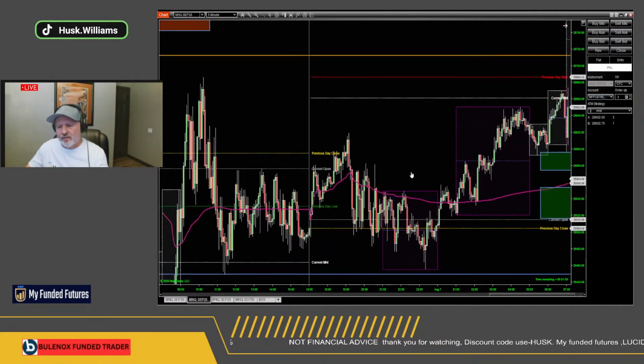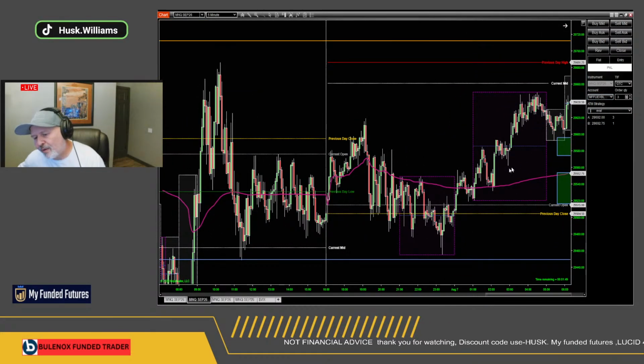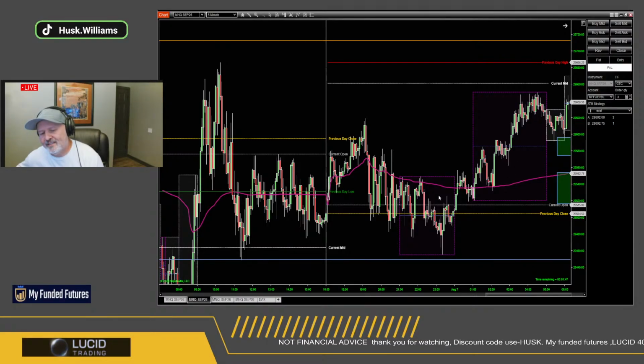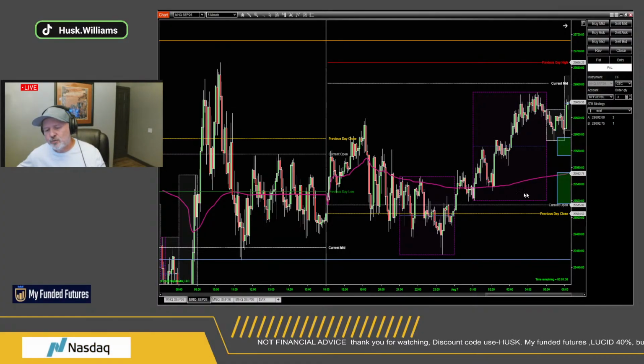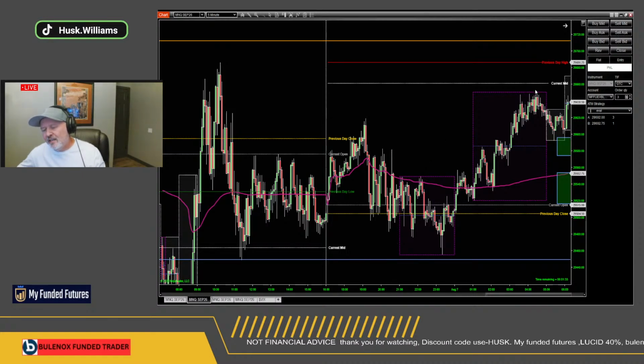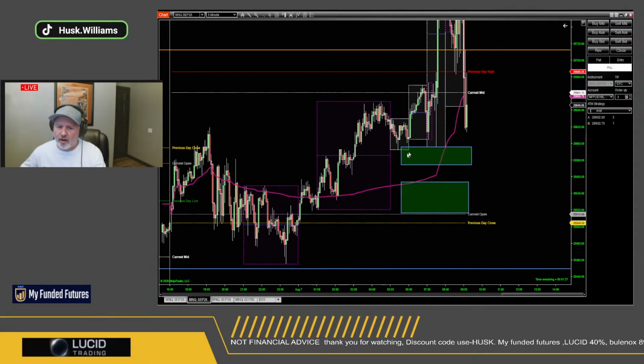Also, guys, if you're new here, these little boxes represent what allows me to see all the previous 4-hour, 1-hour, and 15-minute candles without looking at multiple screens. These big purple boxes are the previous 4-hour lows and highs and 50% of the candle. The smaller ones are your hourly candles, but they make up the 4 hours.